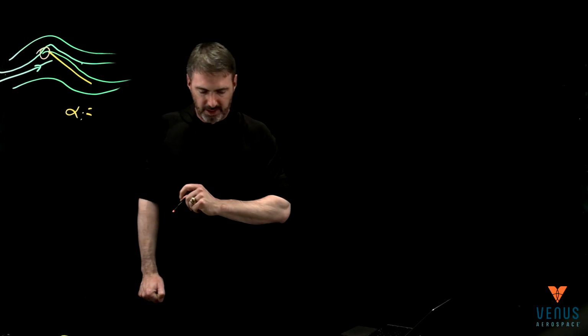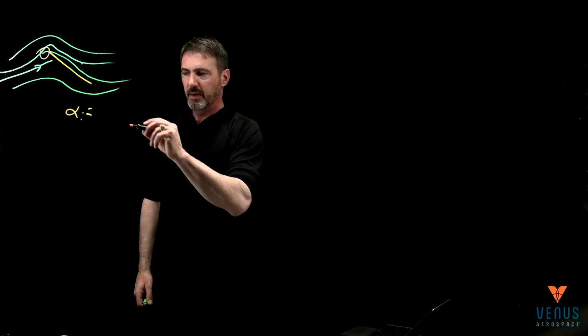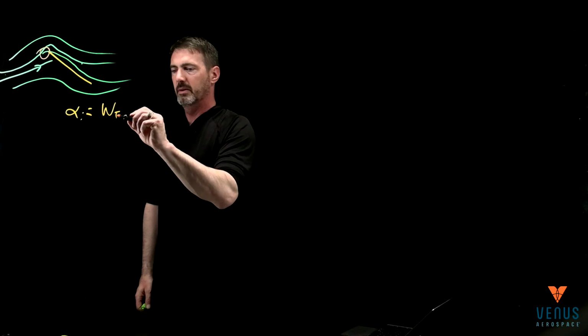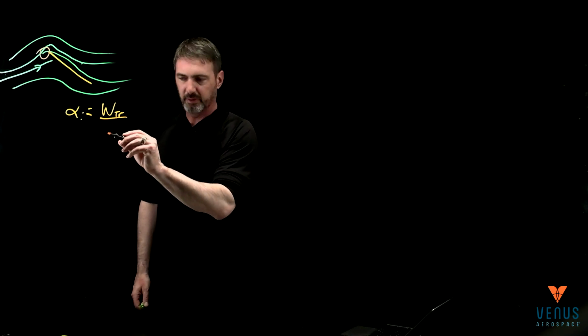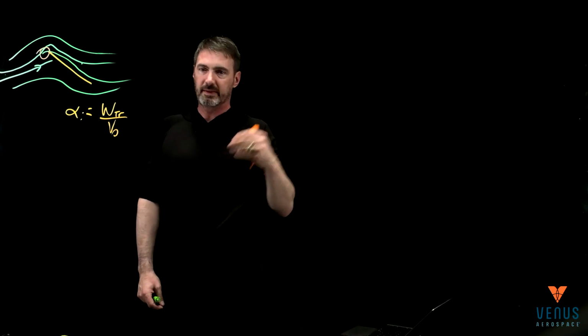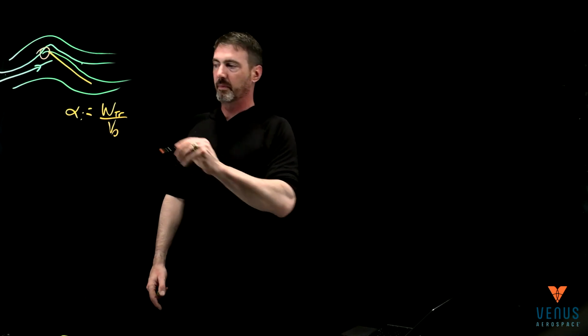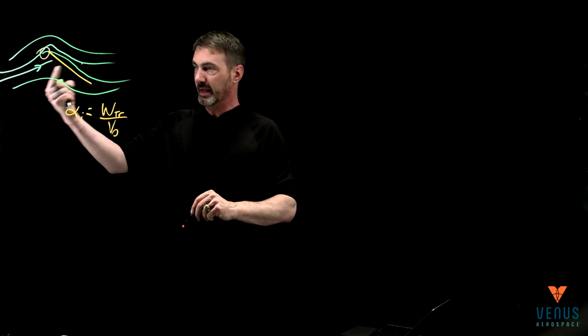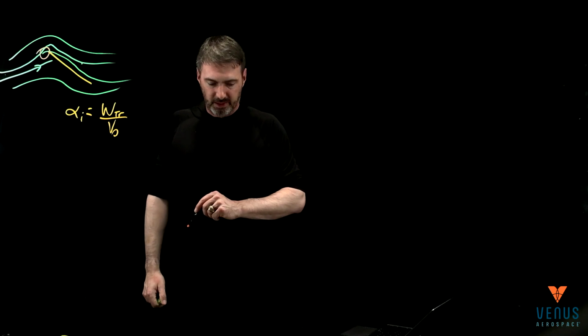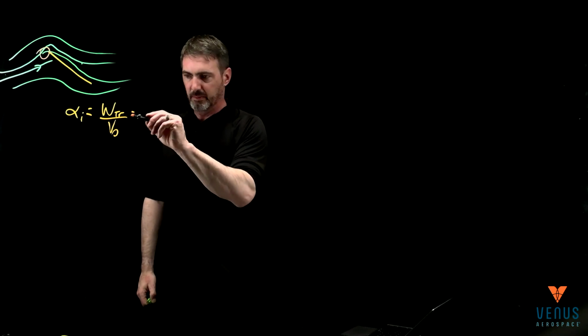You can go back and show that it's that downwash velocity over V0. So the angle is the downwash angle, and that's the incident angle you get. I'll just write it down.